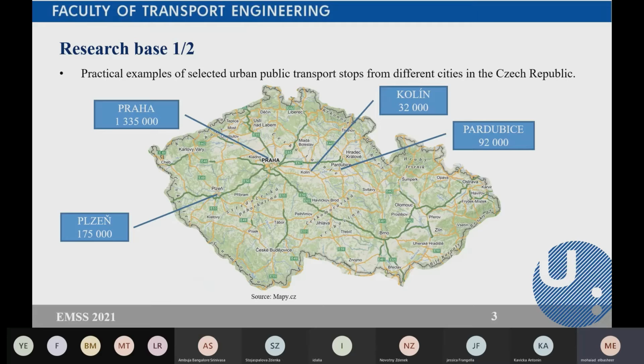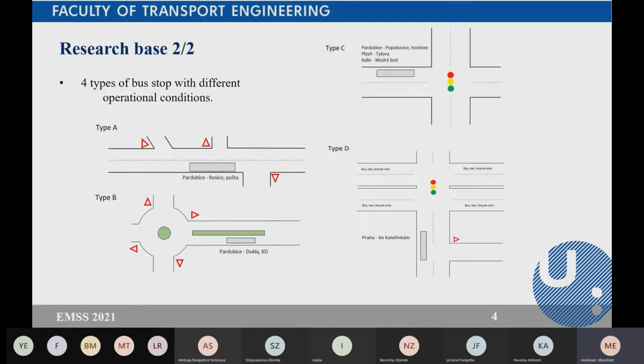Research was based on 4 types of bus stops located in 4 cities in the Czech Republic. In the figure, there is also information about the population. So as you can see, we have chosen a variety of places with different sizes and also different transport services. Now let's turn to those specific types of bus stops. A represents the basic case without a signaling plan.